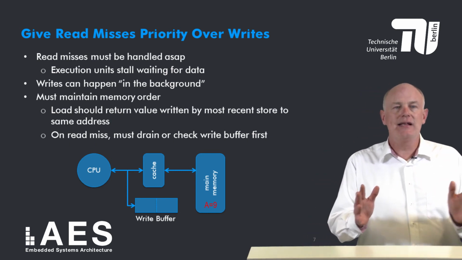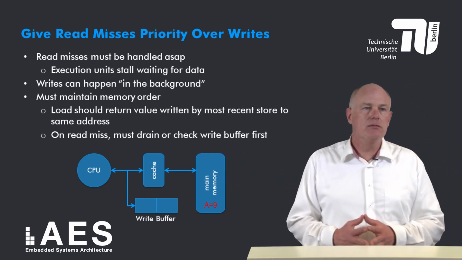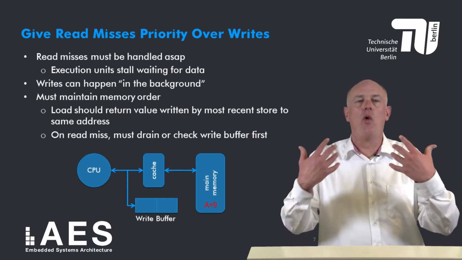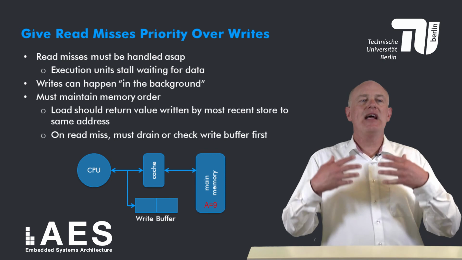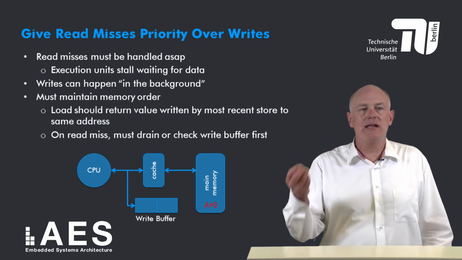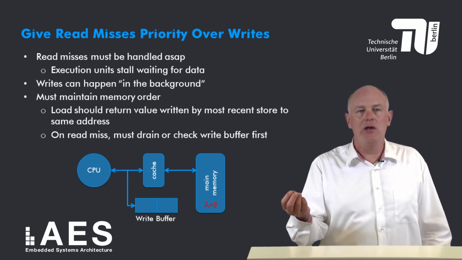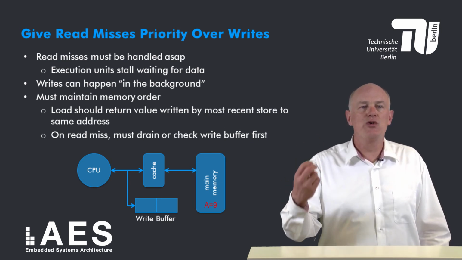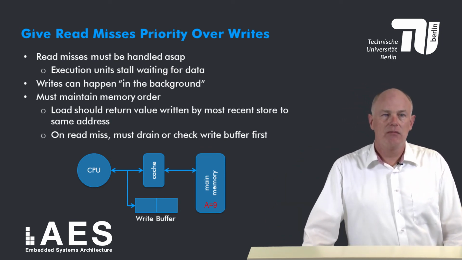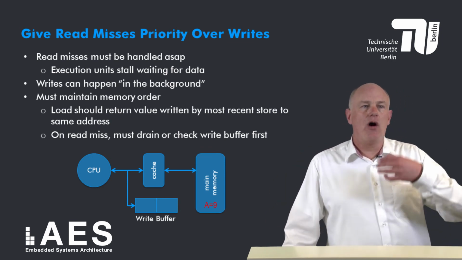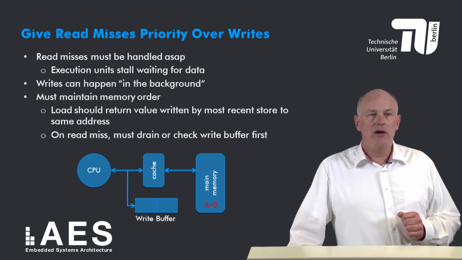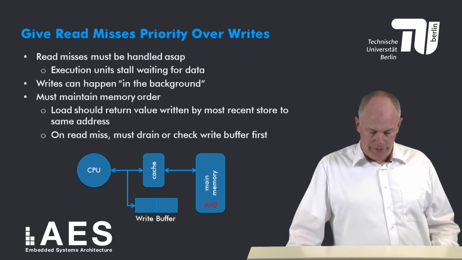Writes, on the other hand, can happen in the background. But there's an order we must maintain, and that's the memory order. The memory order tells us that a load should return the value written by the most recent store to that very same address. That means that on a read miss, we must either drain the write buffer or check the write buffer first.